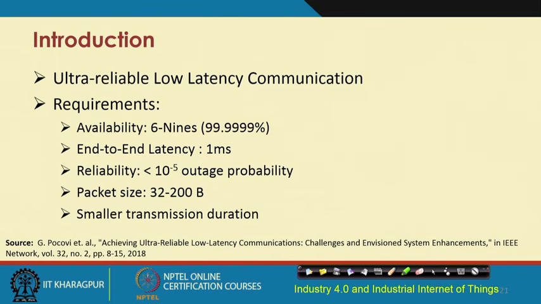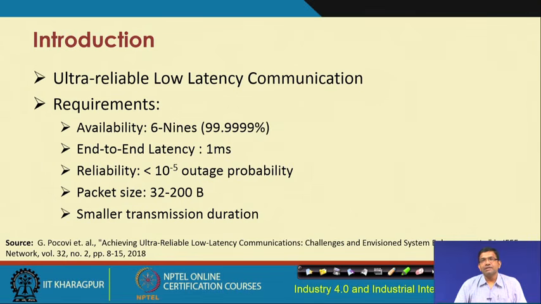So, the network is made available in 6 nines, 99.9999% of the time it is available. So, high levels of availability. Then end to end latency in the order of 1 millisecond, reliability with less than 10 to the power minus 5 outage probability, packet size of 30 to 200 bytes, and smaller transmission duration.